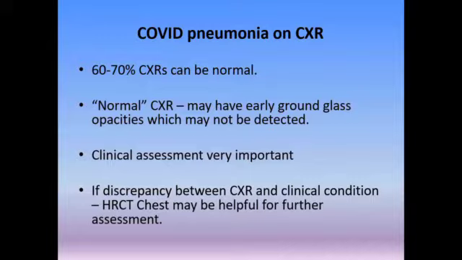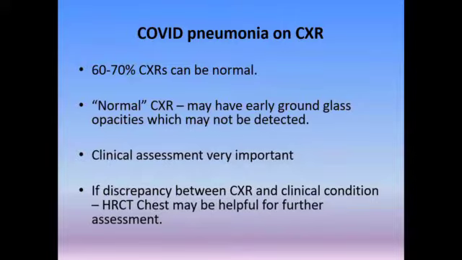So we saw a lot of normal looking chest X-rays in COVID patients, although they complained of various symptoms. Chest X-rays in up to 60 to 70% were normal. But I suppose now with the worsening pandemic, more patients are at home and they get admitted only when they are symptomatic. These numbers can change.